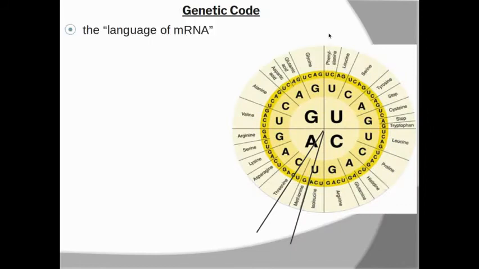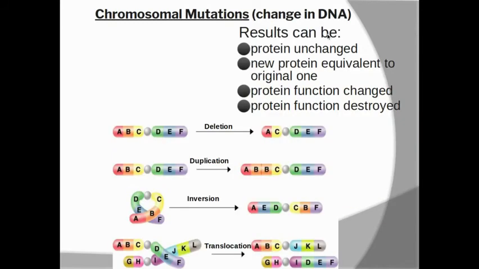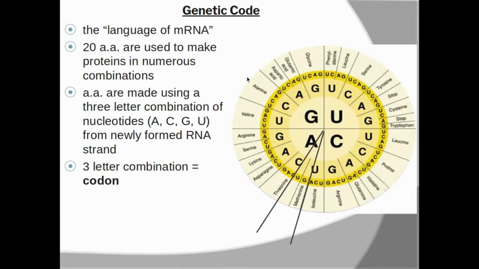Here's your secret decoder. All right. So this diagram is read or interpreted from the center out. There's a grouping of three bases in every codon.